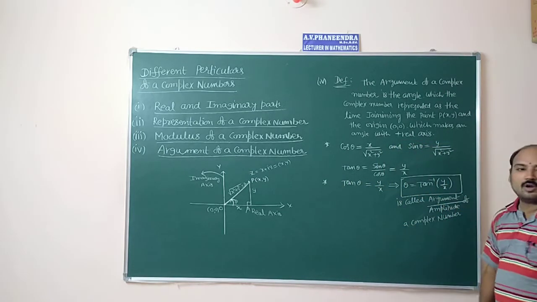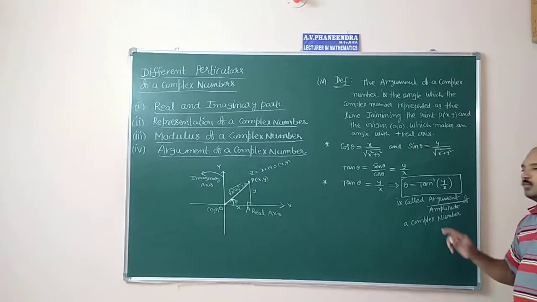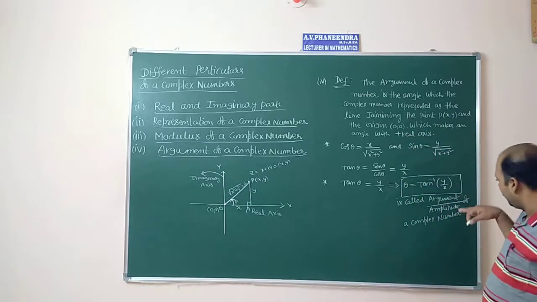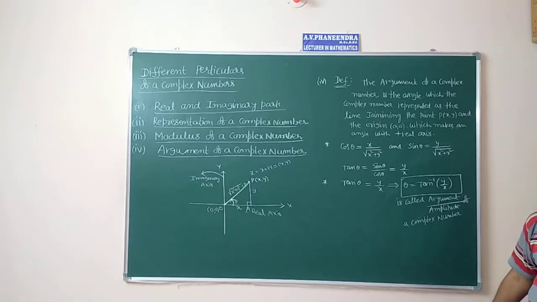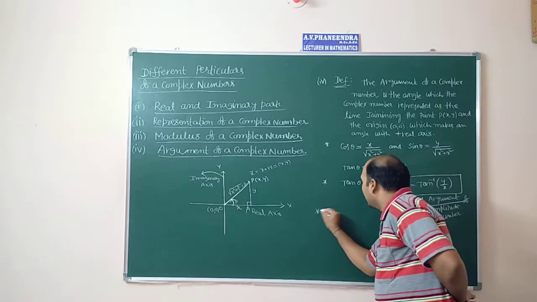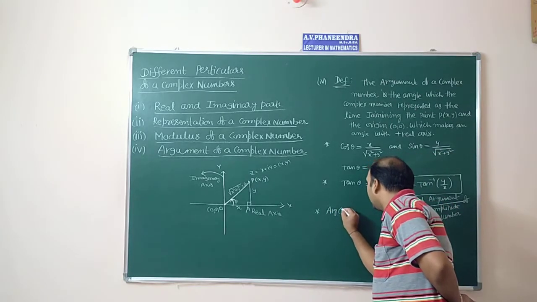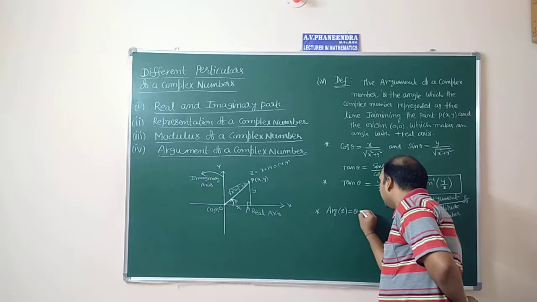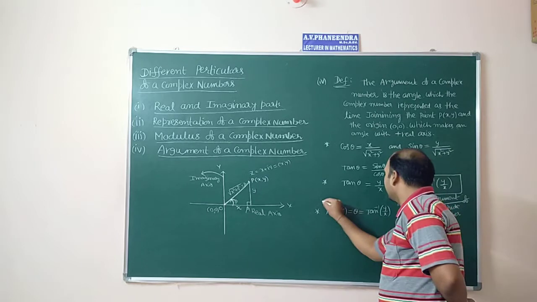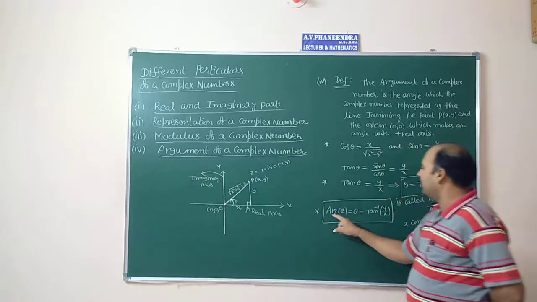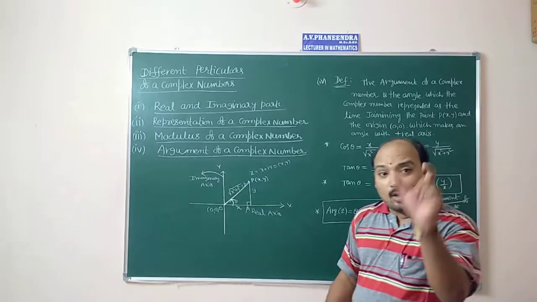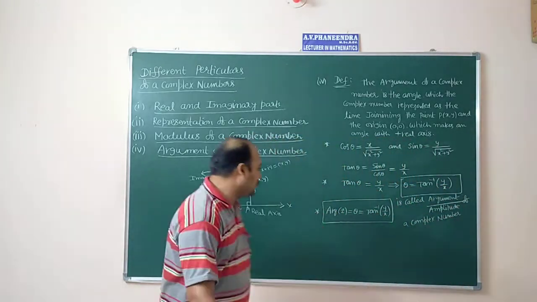Argument of a complex number and amplitude of a complex number are both the same. It is denoted like this: arg of z is equal to theta is equal to tan inverse of y by x. Even amplitude, ampl of z, is equal to theta, we can also write. Here you have a very important note. You remember, here I will write it.